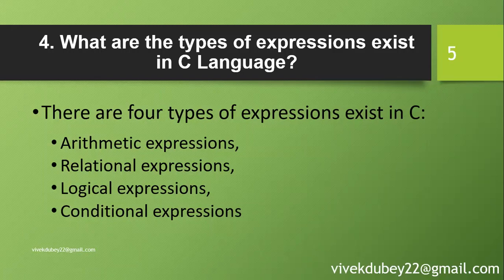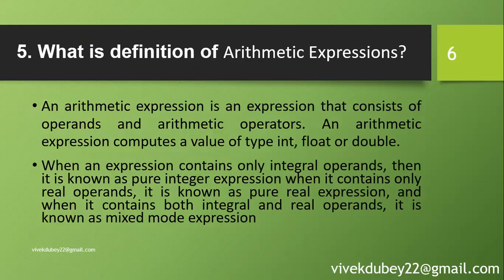Now the 5th question: what is the definition of arithmetic expression? So in this lab we will understand arithmetic expressions in depth. Here an arithmetic expression is an expression that consists of operands and arithmetic operators.